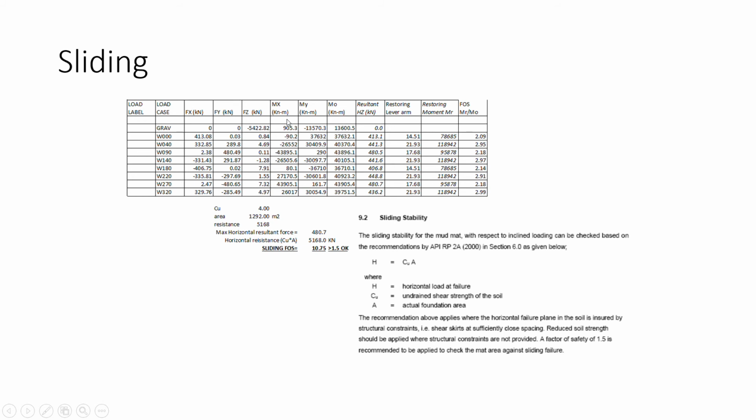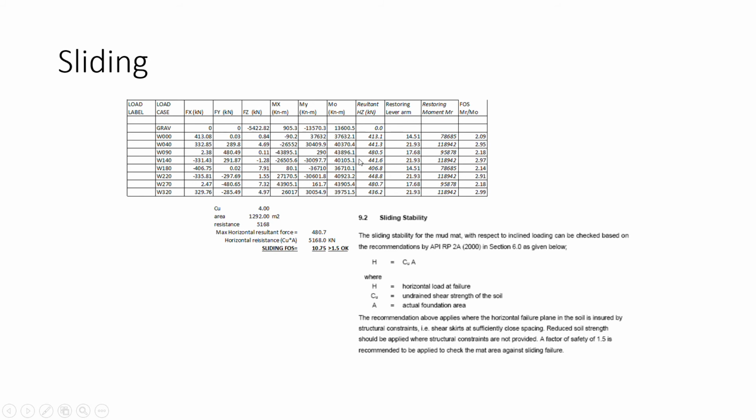Here MX, MY is the moment, which again you are taking from the analysis, and this M0 is the overturning moment. This is the overturning moment of the structure, and this is the resultant HZ. You have to take the resultant of this FX and FY.